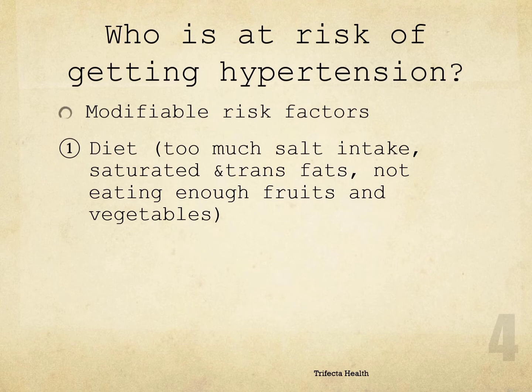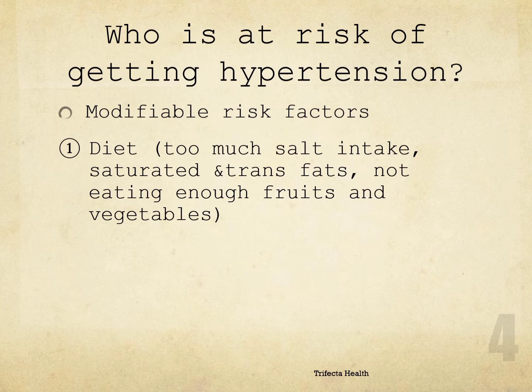When the lumen narrows, the blood that's supposed to flow inside these vessels will flow at a high pressure because the road has become small. So as it narrows, it pushes against the wall with very high pressure. When these pressures are high, you put yourself at risk of developing hypertension.